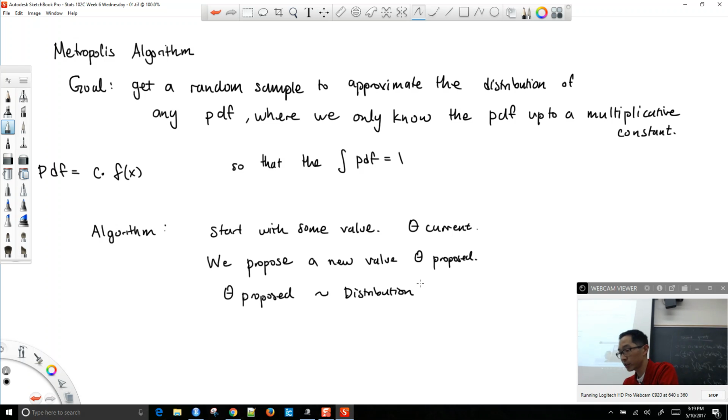And generally, we'll say the distribution is centered at, or specified by, the current theta value. This is called our jump distribution.